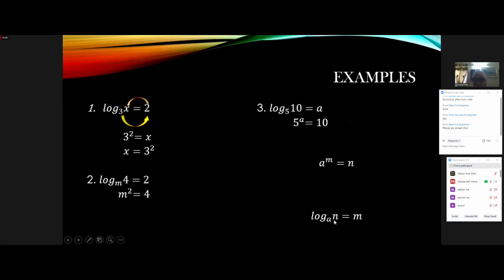So log a n equals to m. Remember, these two always change place. The base is always the same and the m and the n always change place. So convert this into log form: log base a of 16 equals to 4.